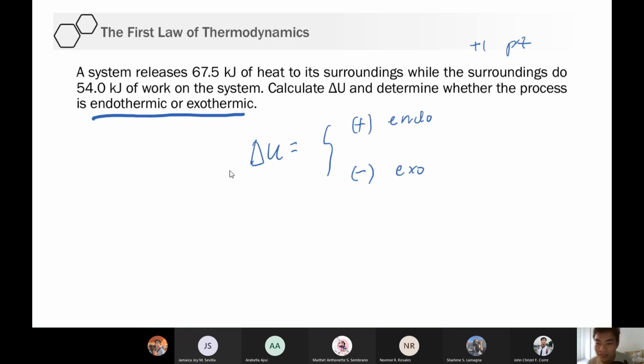Anyway, anong sagot niyo? Si John Crizel, si JC, may sagot na siya. Yung iba, dali, message kayo para may 1 point.